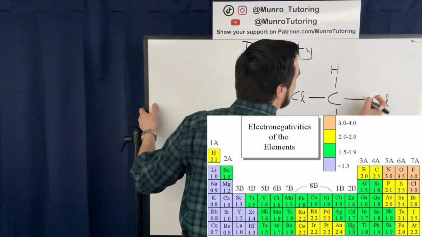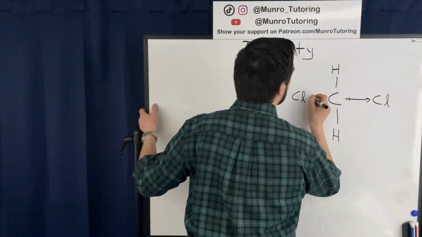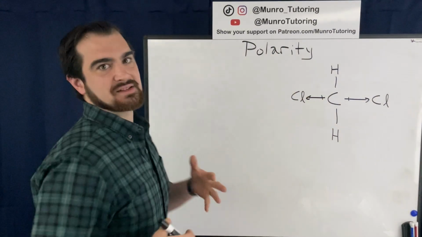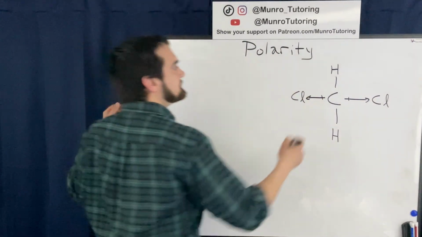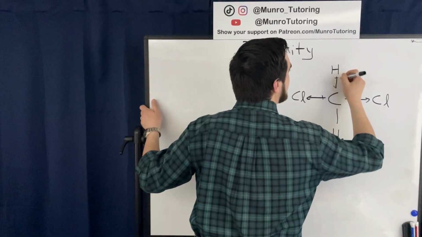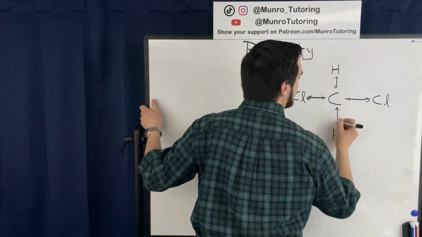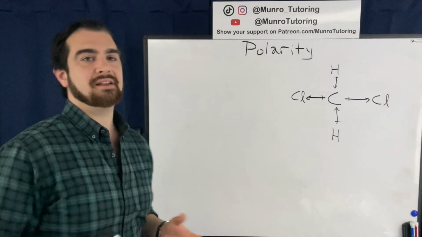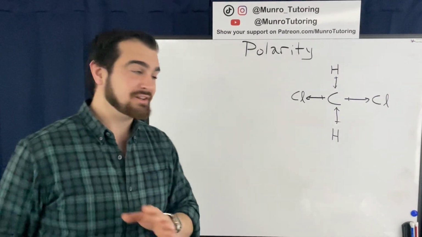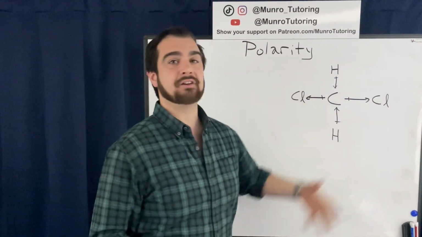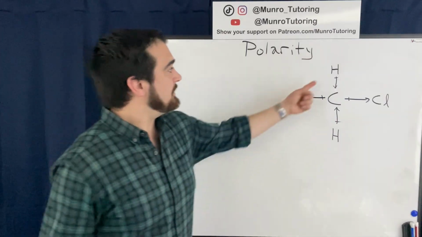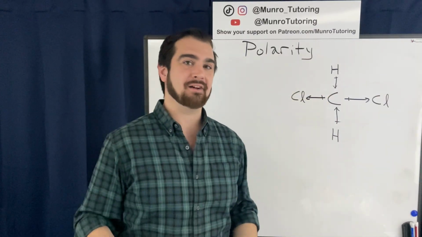So let's draw our bond dipole moments going like this. And then carbon is a little more electronegative than hydrogen, so these ones are going to face inwards actually. And now if we look at it again on paper, it looks like this dipole moment and this one are going to cancel each other out. And then this one and this one are going to cancel each other out.